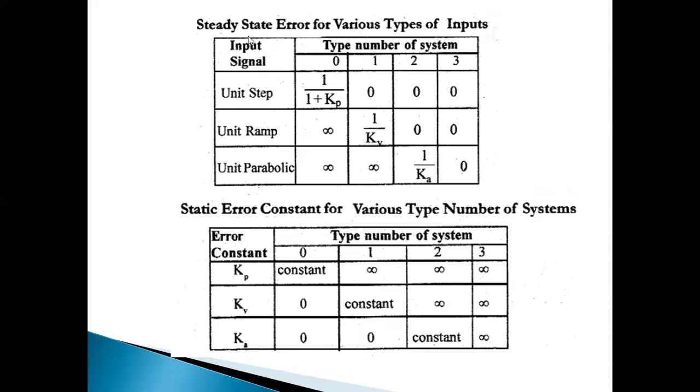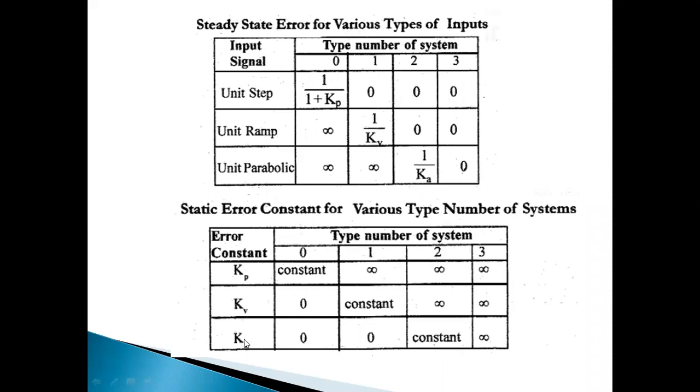So these are the steady state errors for various types of input. We will see this table: steady state error constants for various types of systems. So type 0 system, type 1 system, type 2 and type 3 system.